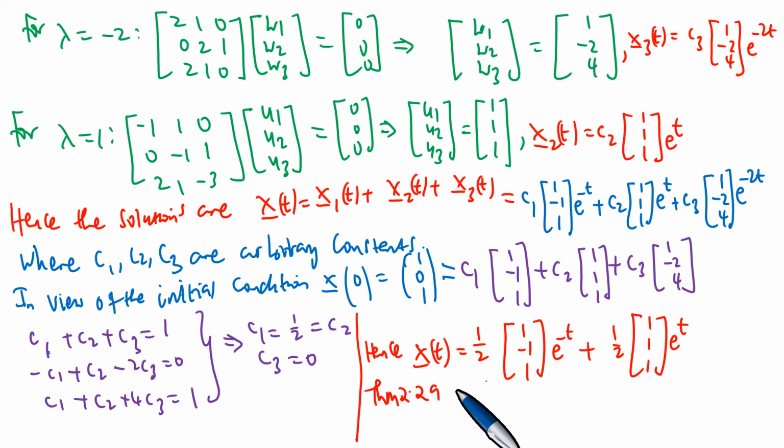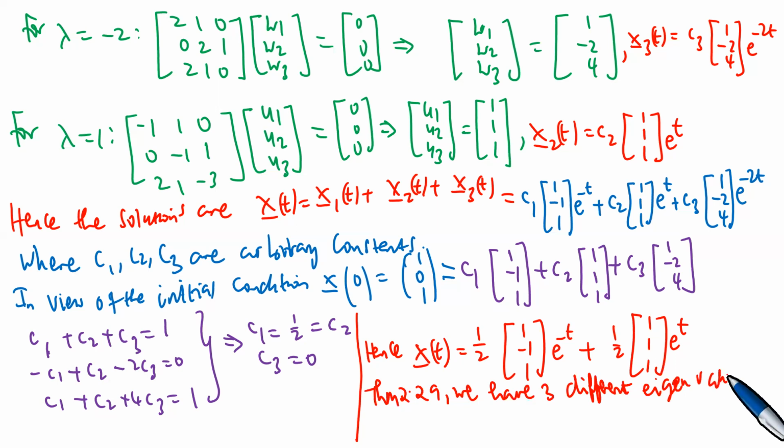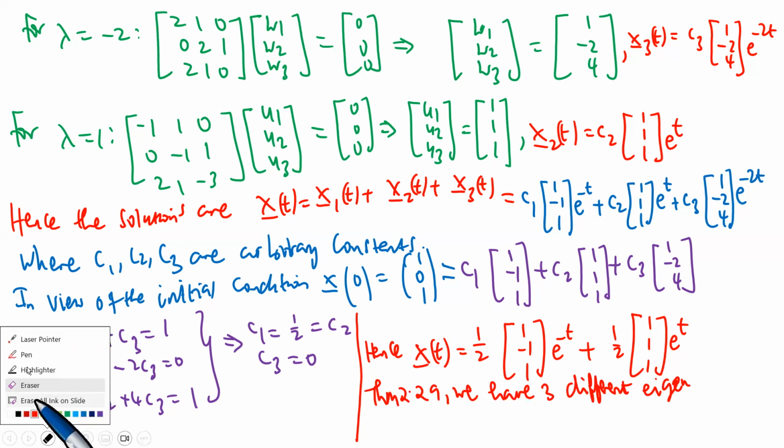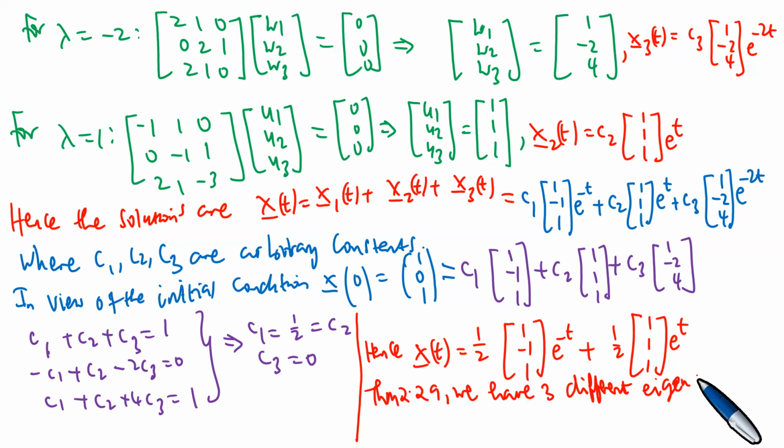In view of theorem 2.29, we have three different eigenvalues. Okay, we have three different eigenvalues.